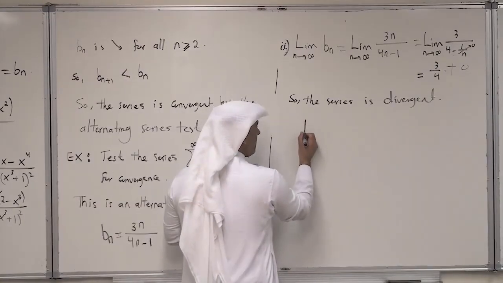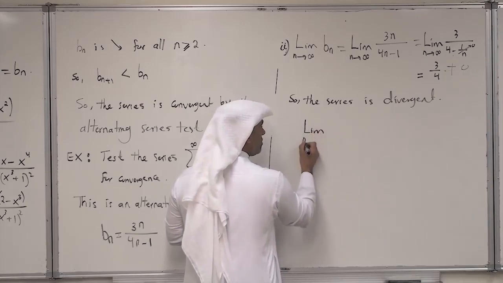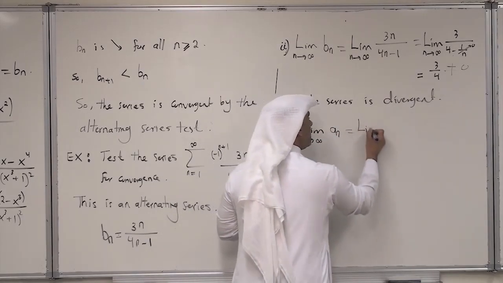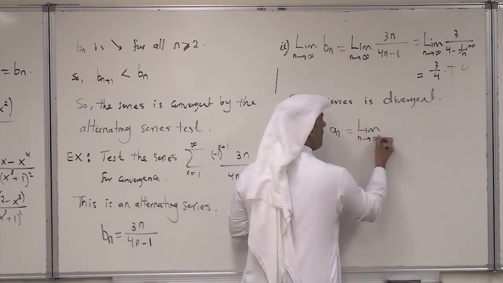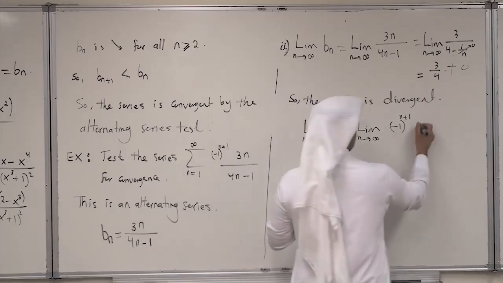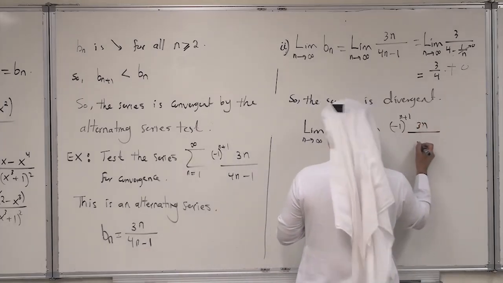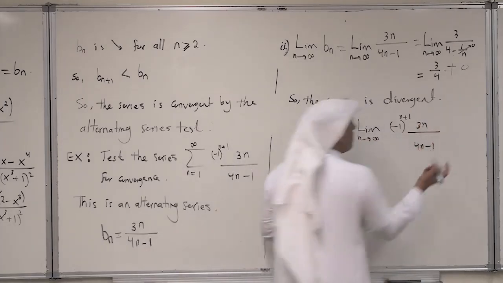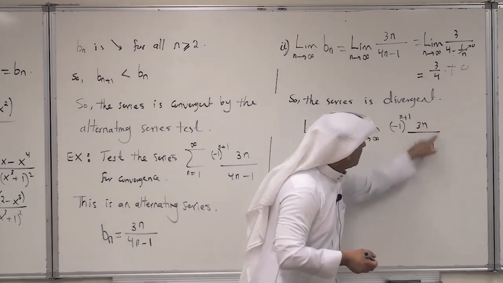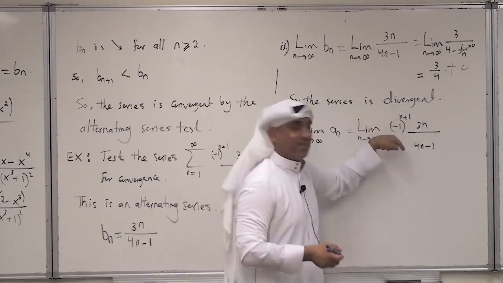Look carefully at the series again. What is the limit as n goes to infinity of an, the nth term of the series? As n goes to infinity, minus 1 to the n plus 1 or whatever, 3n over 4n minus 1. You know from before that the limit of this does not exist, because Bn does not go to 0 and the series is alternating.